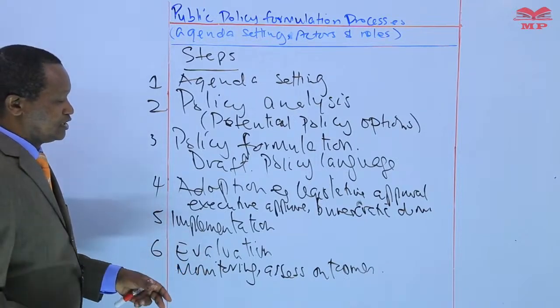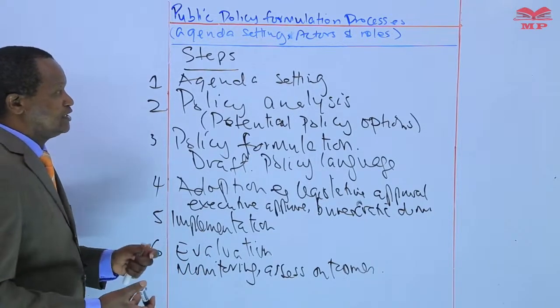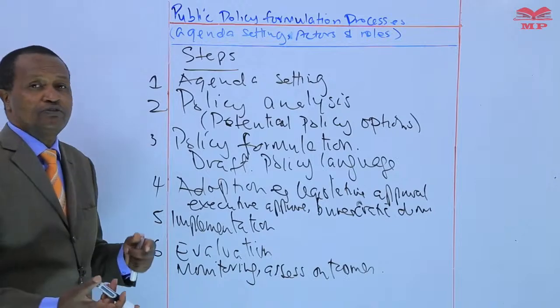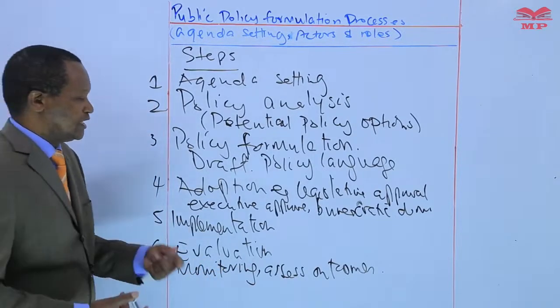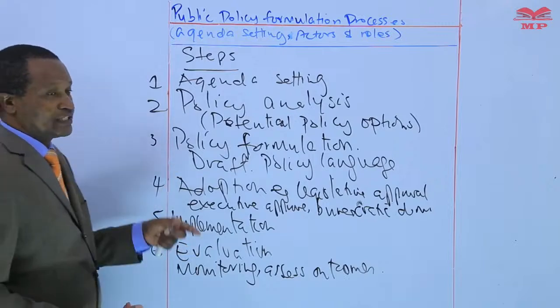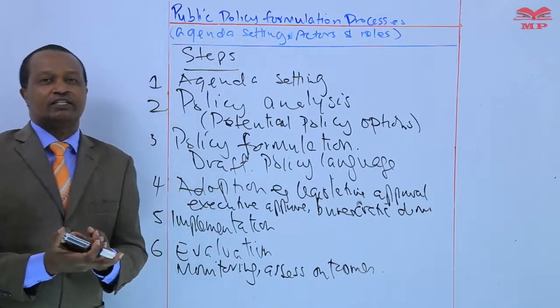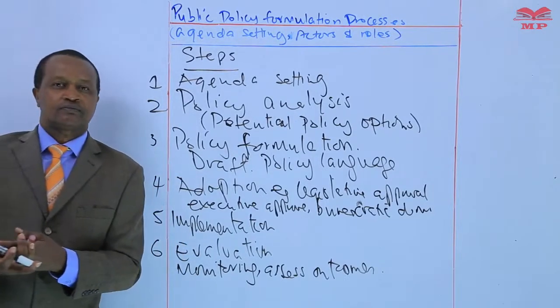There are some areas that may not be implemented according to the plan, or there could be unforeseen circumstances which may call for adjustments in the policy that has been formulated and implemented.